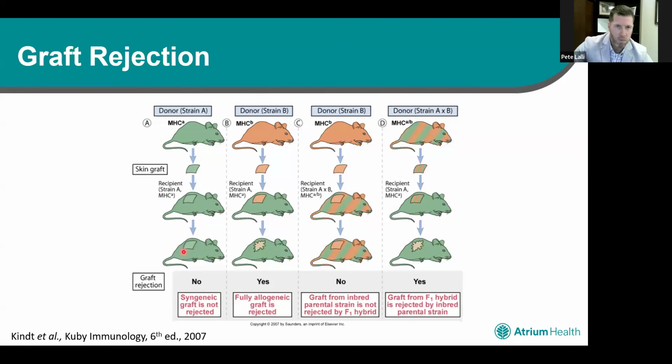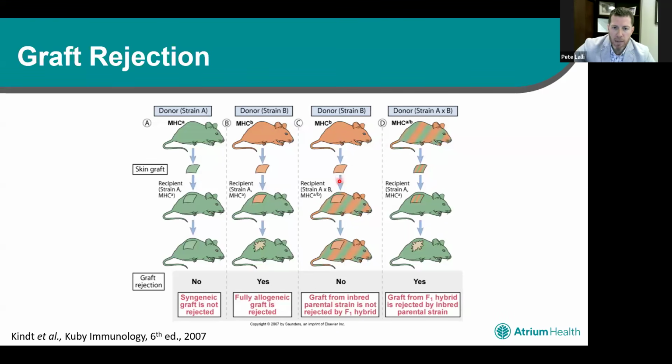This looks fine. They just leave it alone, and then that graft can heal in and not get rejected. But if we take a skin graft from one strain of mouse and put it onto a different strain of mouse where the MHC proteins are different, this mouse is going to reject it. It's going to say, I don't know what this is. It must be bad. We need to kill it off.